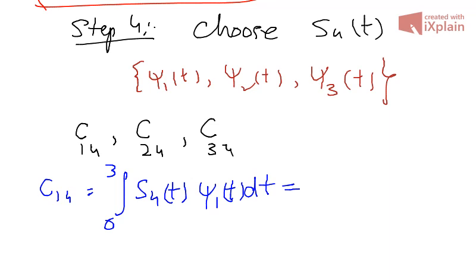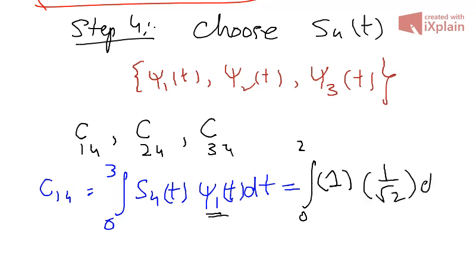So we can say that our integral limits come out to be 0 to 2, because our psi 1 is from 0 to 2. S4 for that period is unity, and if we observe psi 1 of t, that is 1 over square root 2 in this period, right?